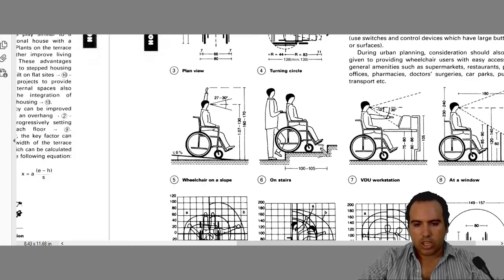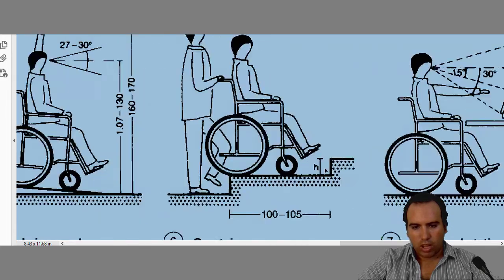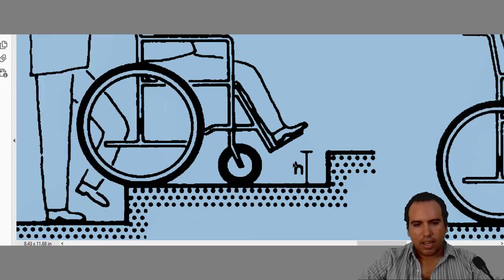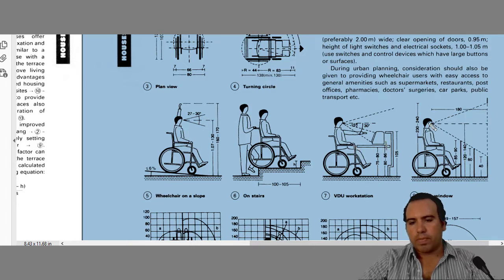The height is not that big of a deal. I'm going to get closer, but you have it in here. You also have to watch out for the reaches and all the measurements.